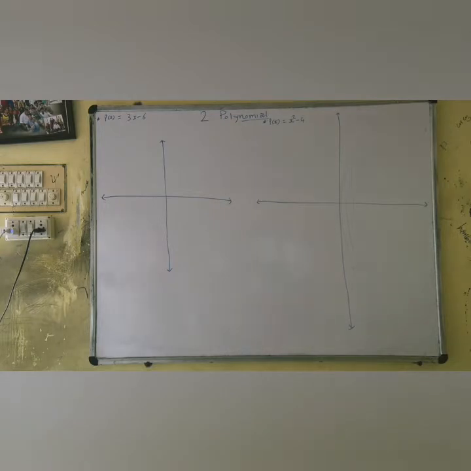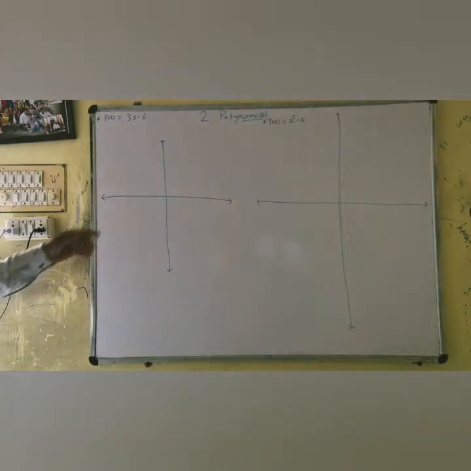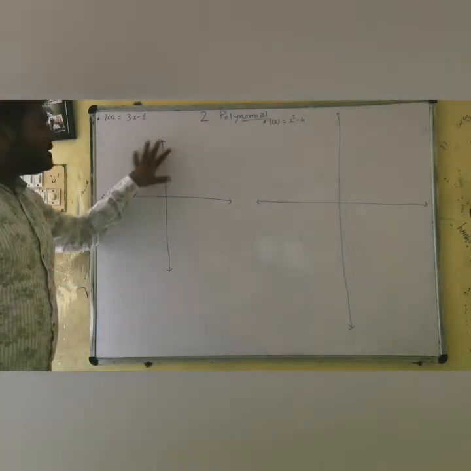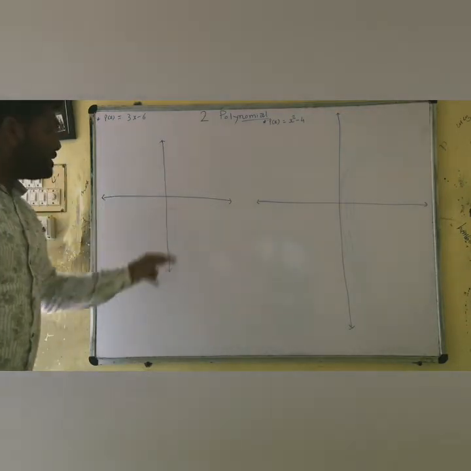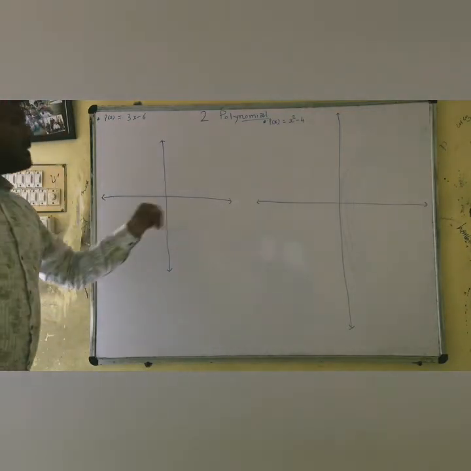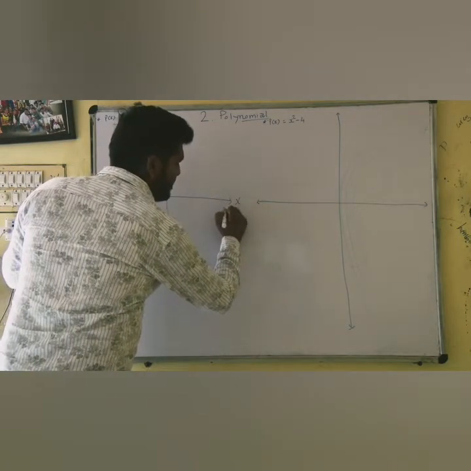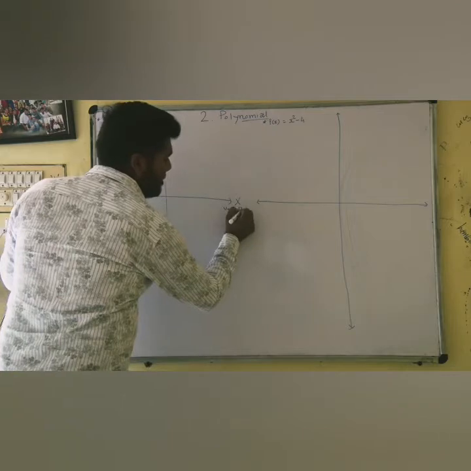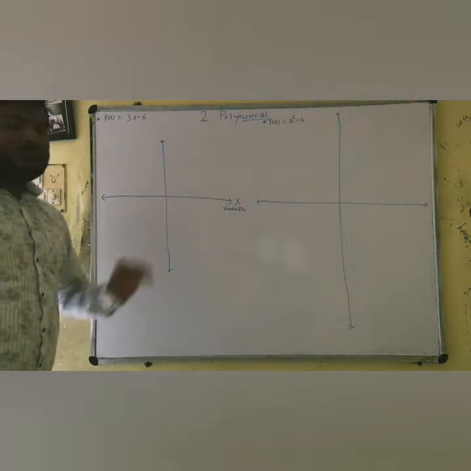Now, if you want a graphical representation of the polynomial and variable, first we know that this one is coordinate geometry. This one is the x-axis, this one is the y-axis. On the x-axis, we take the value of the variable.